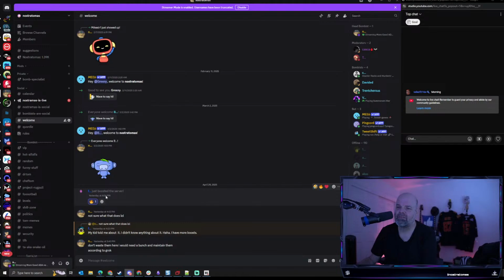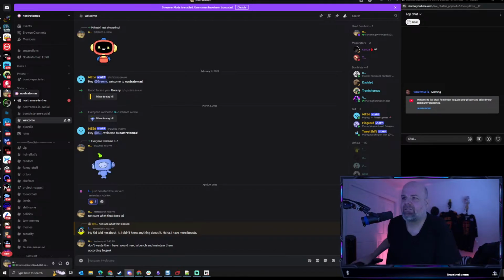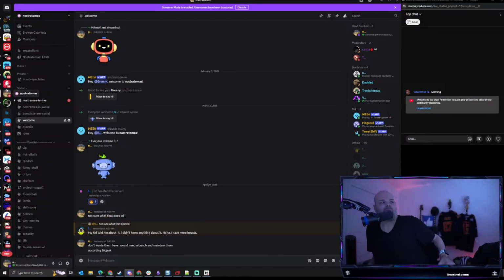He boosted my server. One nitro boost is basically a waste. So, anyway, that's what Grok told me. If a bunch of people boost your server, you get like some emojis. It's a PsyOps way of getting people to spend money on Discord.